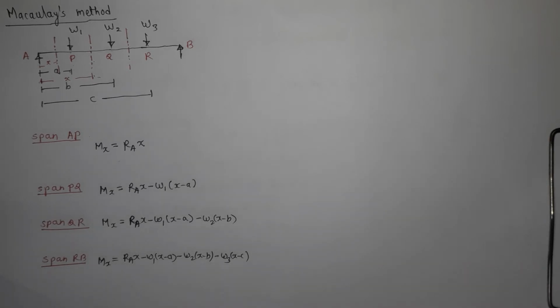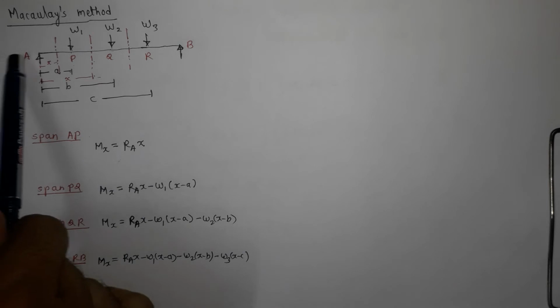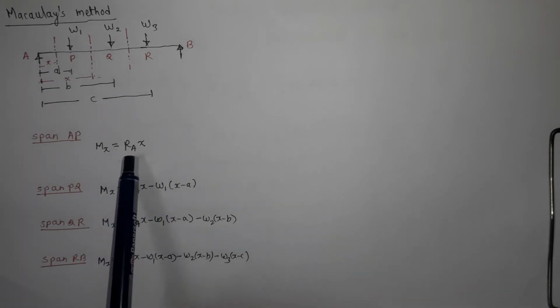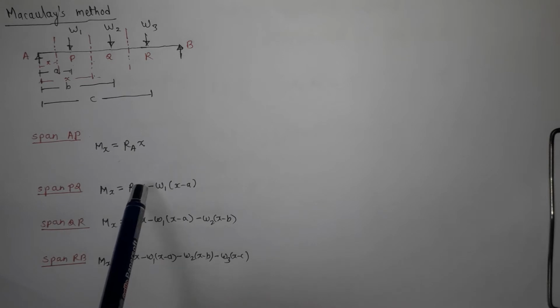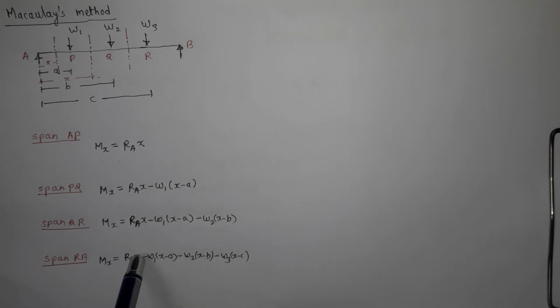So this is how the bending moment expression is changing from one subspan to another subspan. Macaulay wrote all these expressions, and then he observed these expressions, and he found that for the first subspan the bending moment expression is Ra into x, so it appears for each and every next subspan.